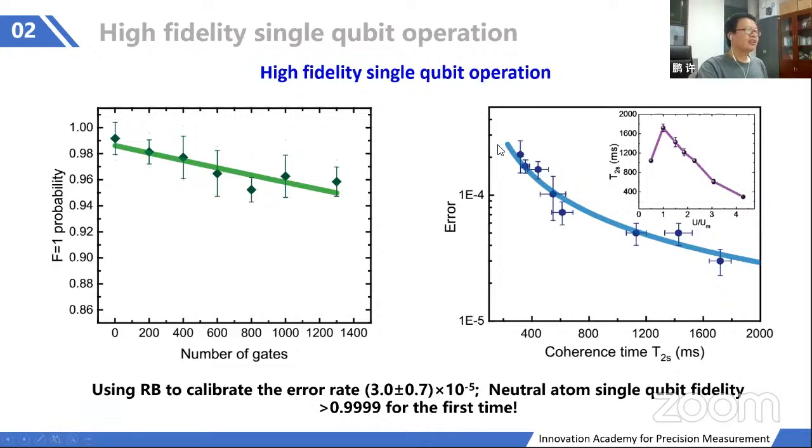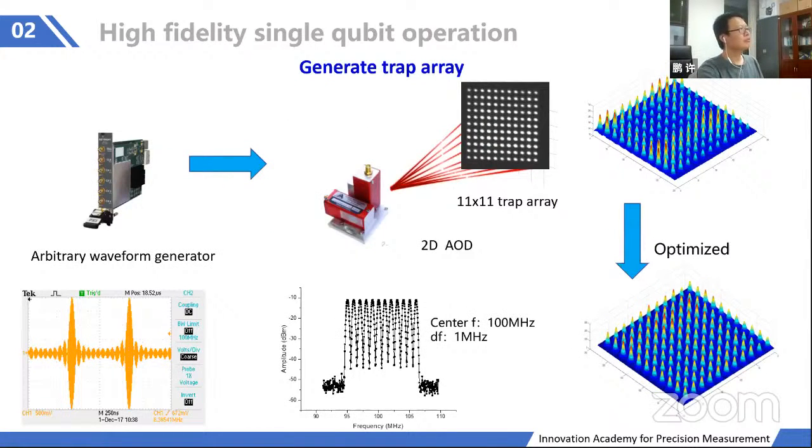And here, in our experiment, we can see clearly the gate fidelity is related to the coherence time. With better, longer coherence time, we can have better single qubit operation fidelities. But single qubit operation is not enough.